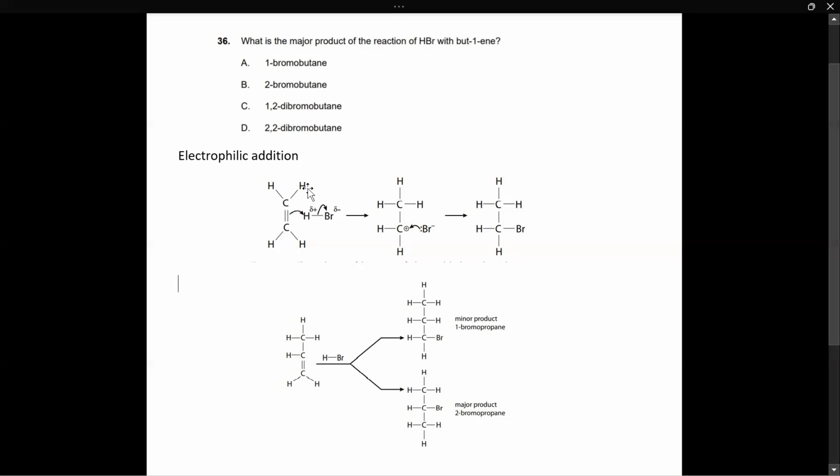In this reaction over here with ethene, hydrogen didn't really have a choice. It could go to this one or this one. It doesn't matter, right? Whichever you go to, it's the same thing. Both carbons are identical. They both have two hydrogens attached to them, and there's nothing more. That's it. It's the same.